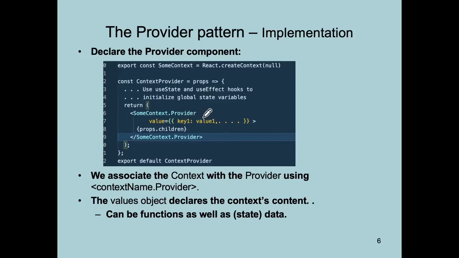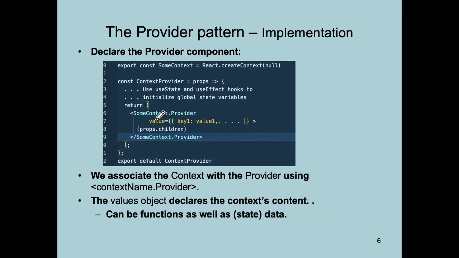Typically the keys can be whatever you want them to be. The values would be the various aspects of the state that you want to have shared with other components. Also, the value might be a function that you've declared inside here, and you want to make that function available to other components.